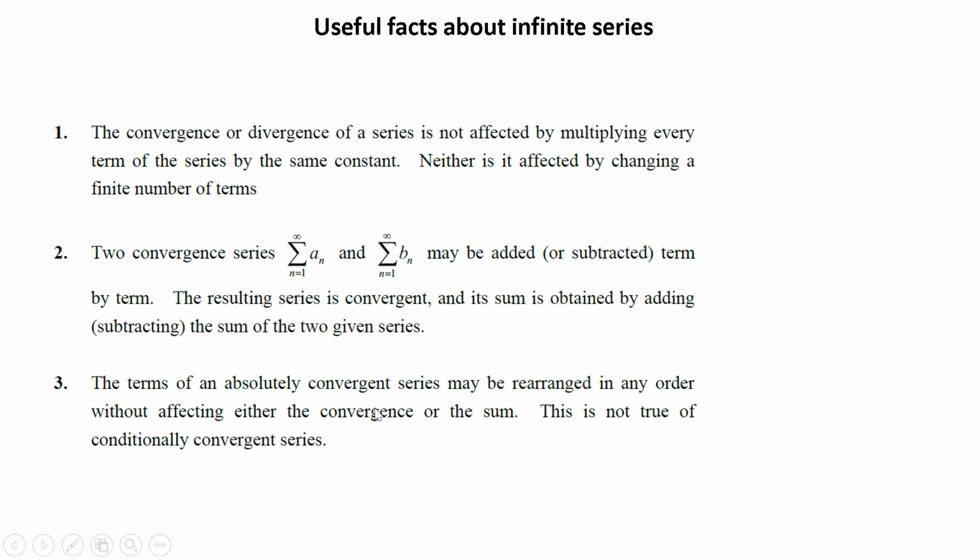It might sound a bit surprising, but if I have an absolutely convergent series with many terms, and you try to rearrange the terms, that means you make the second term become the first term, the first term become the second term, and so on, then it will not affect whether the series converges.